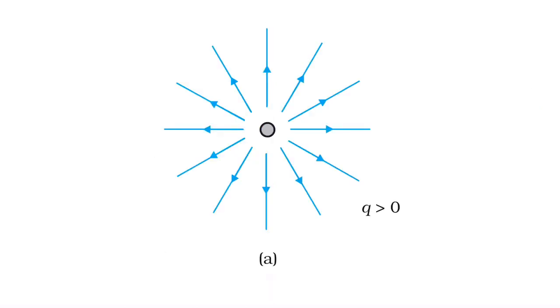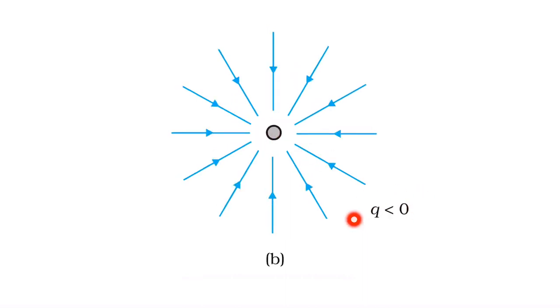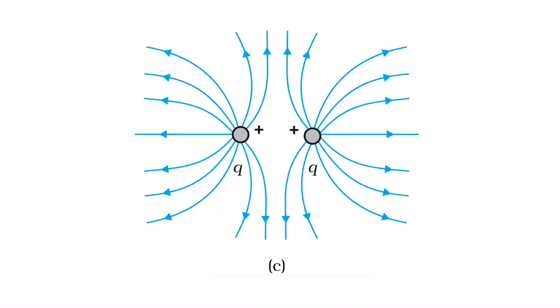Now here are some examples of electric fields. For a positive charge q greater than 0, the electric field lines are outwards. They move outwards from the charge q. For a negative charge q less than 0, the electric field lines move inwards. Now here are two positive charges. Since positive charges repel each other, in this area all the electric field lines are moving apart from the other electric field lines.